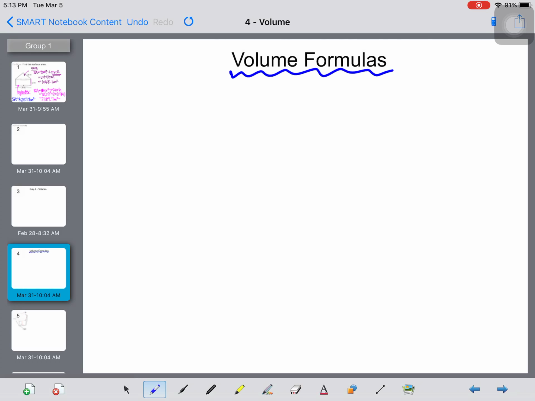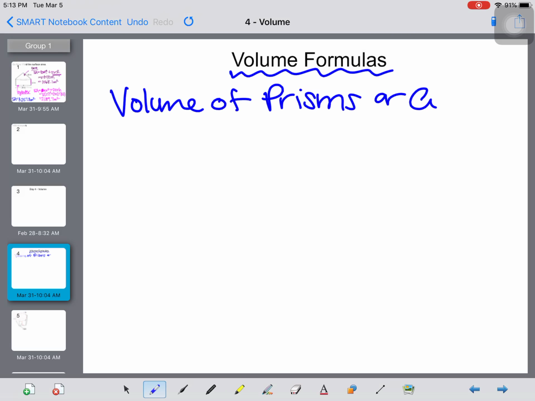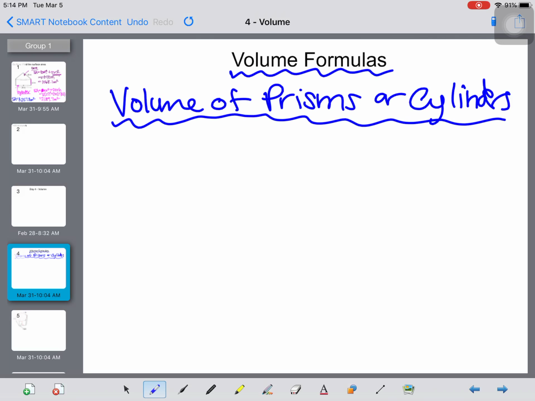Your first of 3 is for volume of prisms or cylinders. Because remember, prisms and cylinders really are the same thing. A cylinder is just a prism with a circular base. To find volume of a prism or cylinder, your volume is equal to big B, and that is important that it's capitalized, times little h.